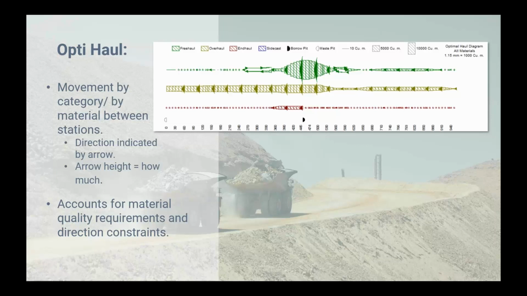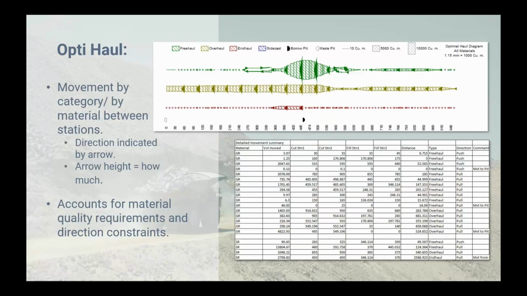The Opti Haul diagram can account for material quality requirements and for direction constraints. All of this information can then be exported into a spreadsheet. Very useful for understanding the constructability, cost, and construction scheduling implications of your project.